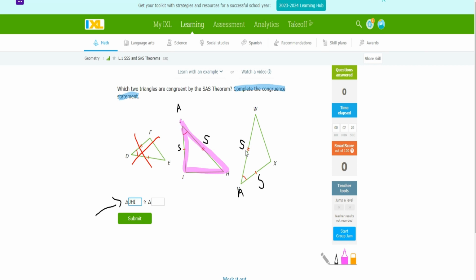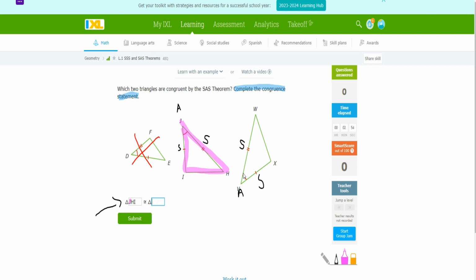Since I called this JHI, that's J with 1 arc, to the 2 arcs, H, I. So now I need to start at that 1 arc, V, which has 1 arc, 2 arcs, to the 1 tick mark.